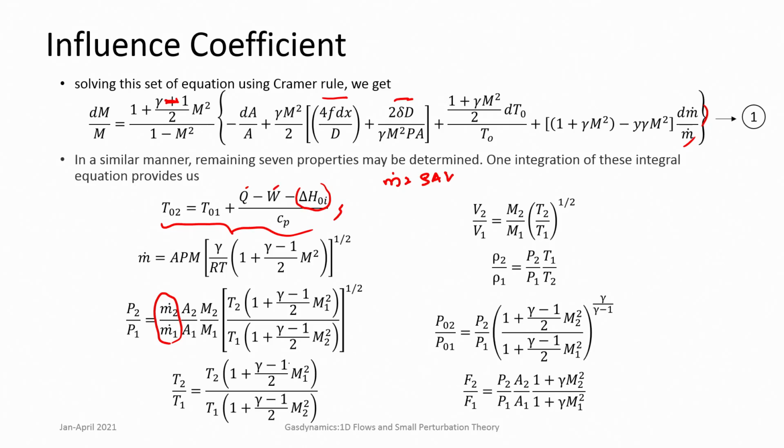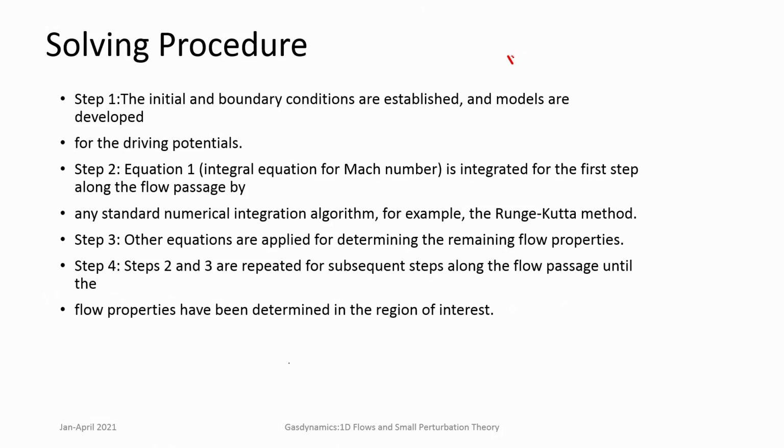For example, here we have written it in Mach number: dM by M can be written as a function of all the driving potentials and Mach number, and we take 2 points, 1 and 2. We should know the initial condition at 1, and it can be integrated to 2. You can use any numerical integration algorithm. Once you know properties at 1 and 2, M1 and M2, then all other parameters can be found.